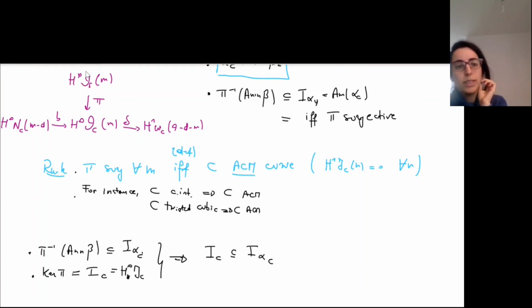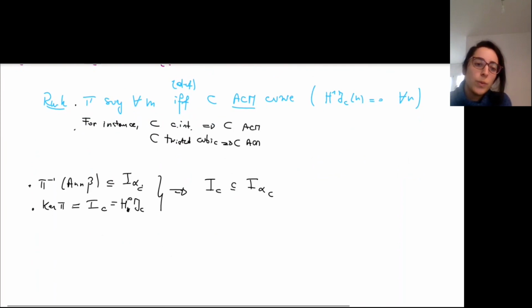So again, the Jacobian ideal in this diagram is contained in pi minus 1 of the image of beta, so again in E alpha C. When we have equality, I don't want to now consider the Jacobian ideal, because we can think of modding out by the Jacobian ideal.